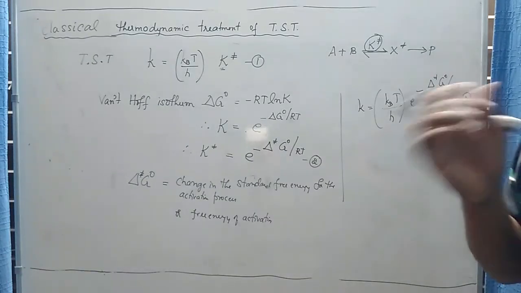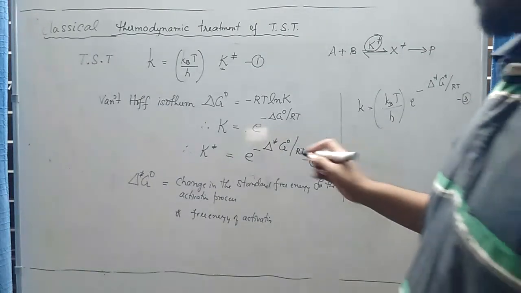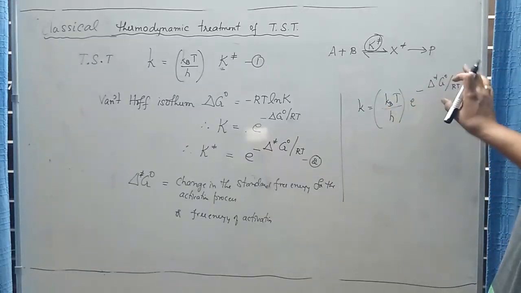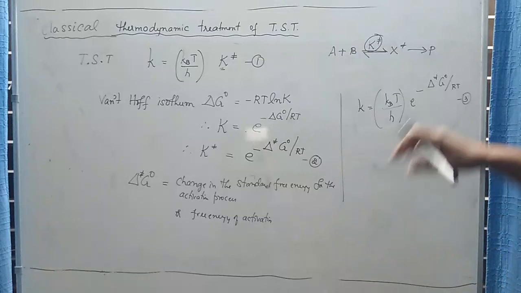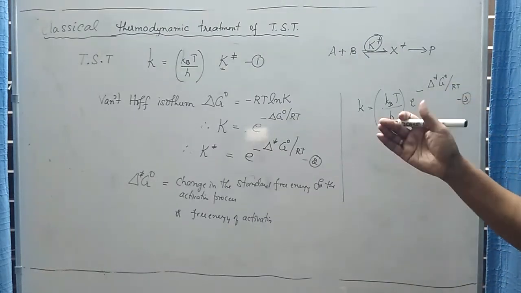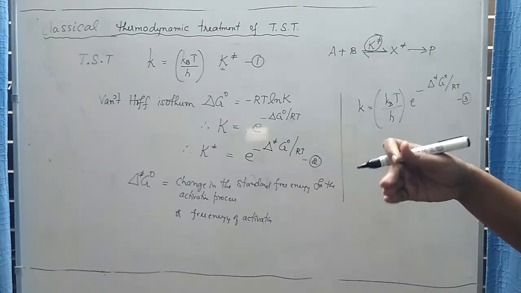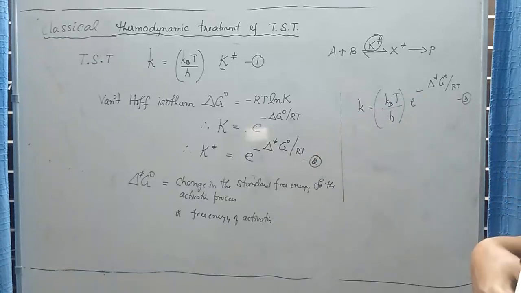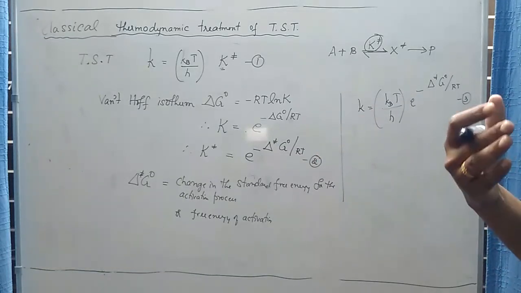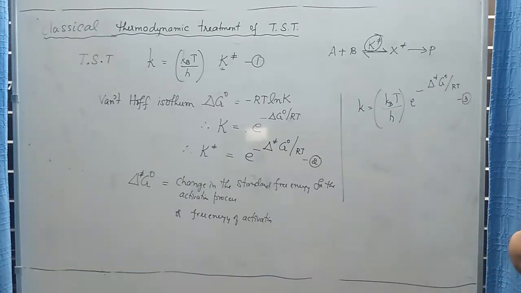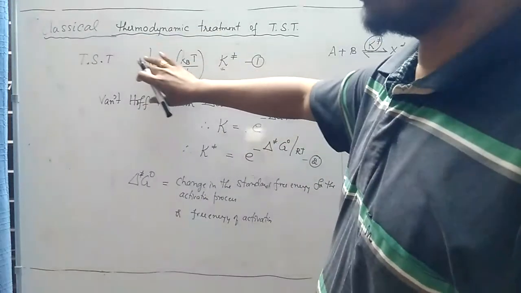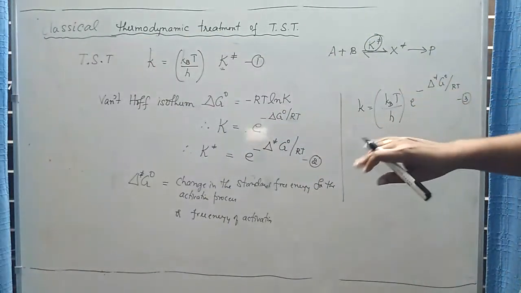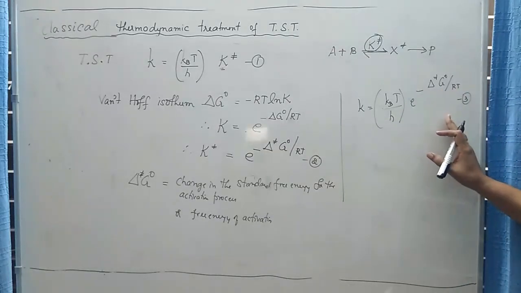So we have paved a path where we have introduced a thermodynamic quantity into the rate constant. This expression can now be written in different forms, introducing other thermodynamic quantities such as enthalpy, entropy and internal energy. So the original equation from transition state theory is now written in terms of thermodynamic factors.